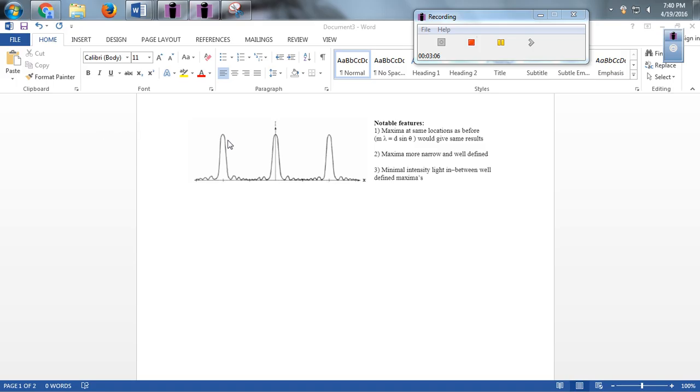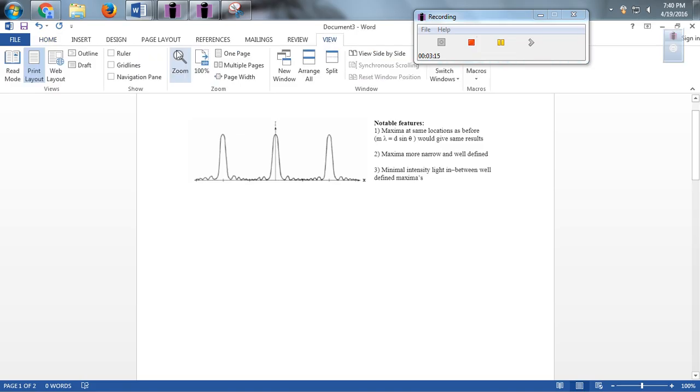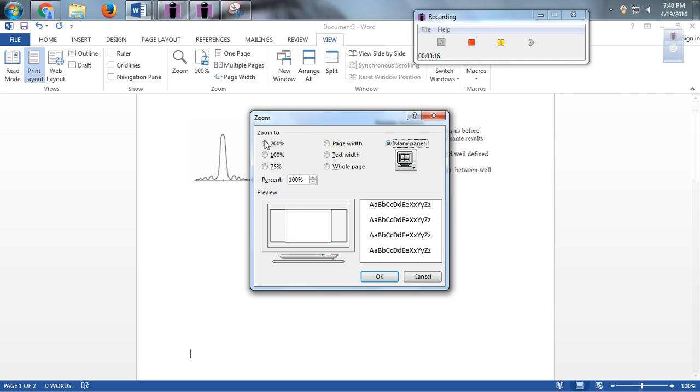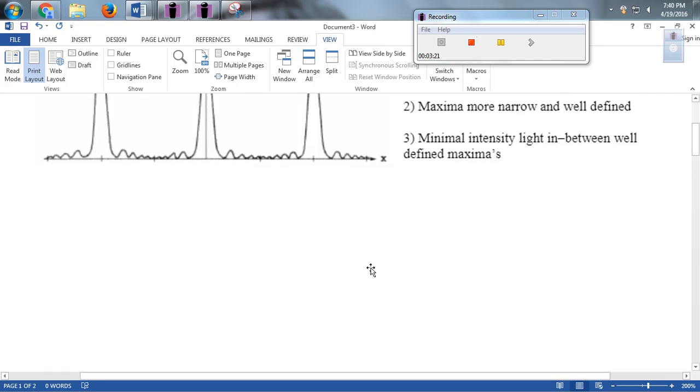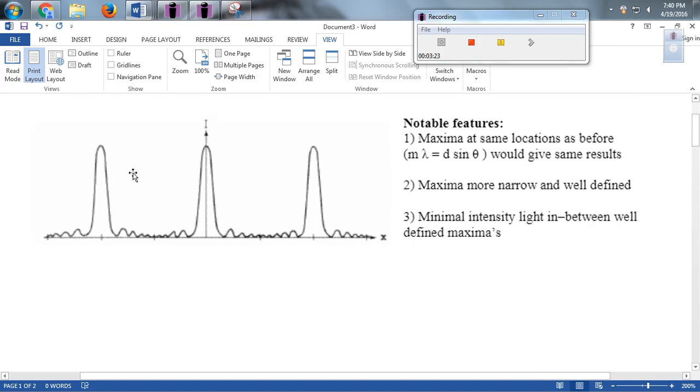Now I'm wondering if I can make it a little bit bigger. Let's see. Think we can zoom it? Yeah, here we go. Alright, so here's what it looks like. Here's those slits.